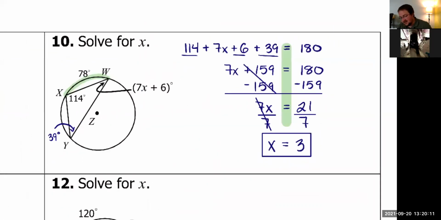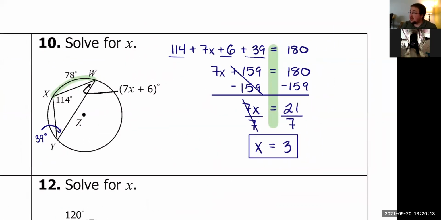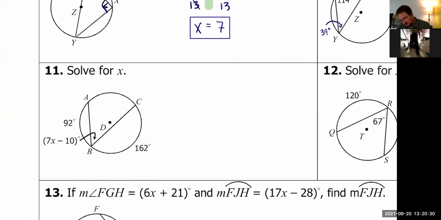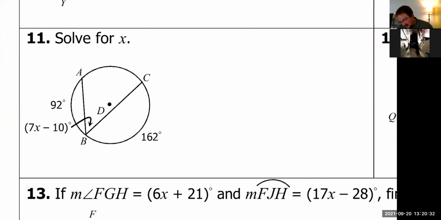Now, that one technically wasn't the only way we could have solved that one. There was a way where we actually used the arcs to help work our way around. But again, that's the great thing about geometry. There's usually more than one way to approach it based off of what information you have or which information you're comfortable with. Like I said, 11 and 12, I'm going to give you the answers if you wanted to try these later. Number 11, you should get that x equals 9.